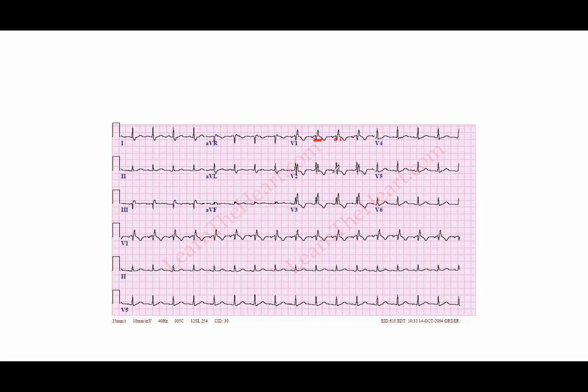Kind of see how you have like an R and then a second R, double R. Remember how we talked about that? It's usually associated with bundle branch blocks, right? So in this particular case, we have some kind of sinus rhythm, it looks like. But we also got this wide QRS going on here. So that's kind of wide from there to there.